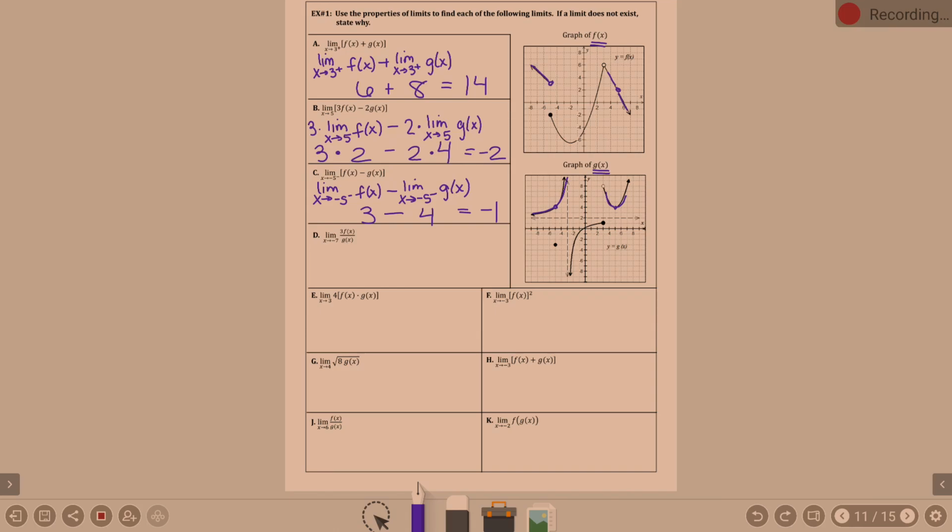Okay. D, division within a limit can be rewritten as two limits being divided. That 3 on the top, that's 3 times f of x, so I can say 3 times the limit as x approaches -7 of f of x divided by the limit as x approaches -7 of g of x.